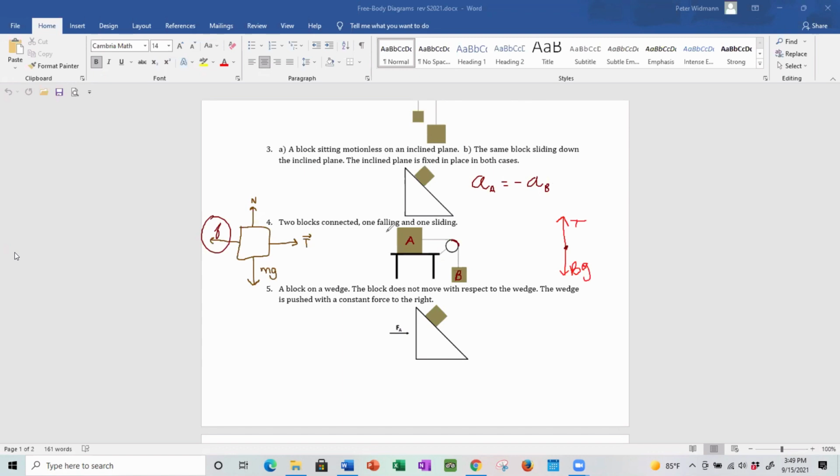Okay, Shifa, there's one more equation of constraint. It has only to do with A, doesn't involve B. Just think physically what's happening. How is A moving? No, of A. How is A moving? I'm trying to get you to say it's moving horizontally.